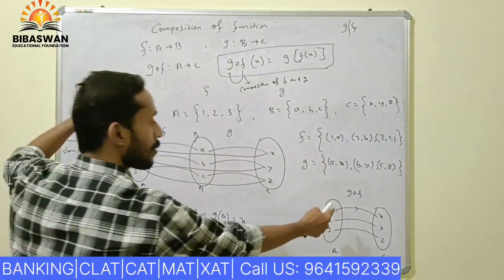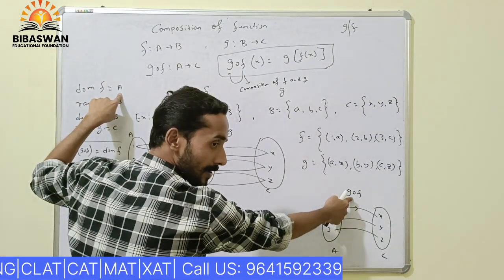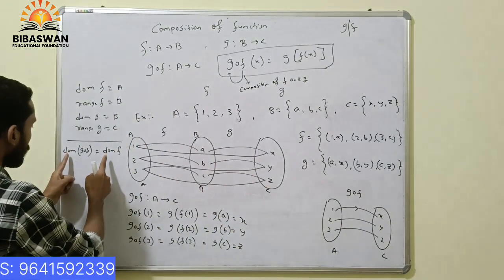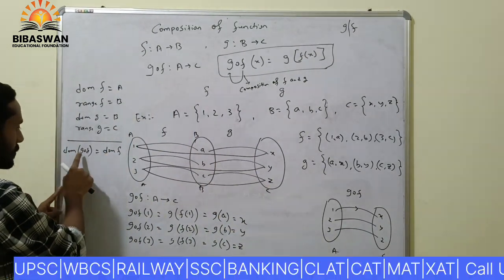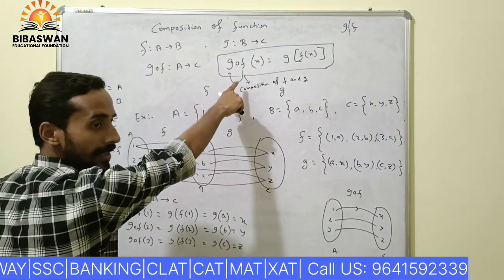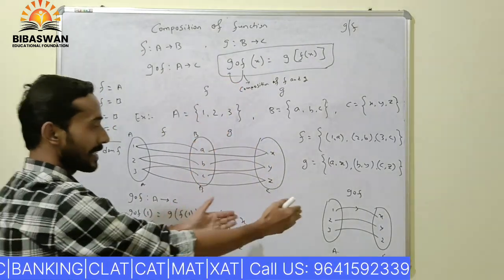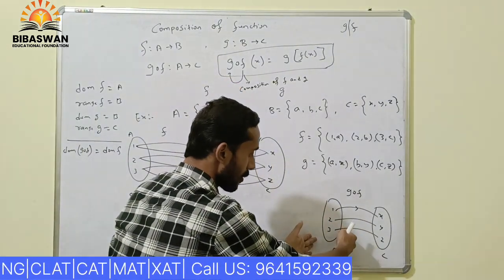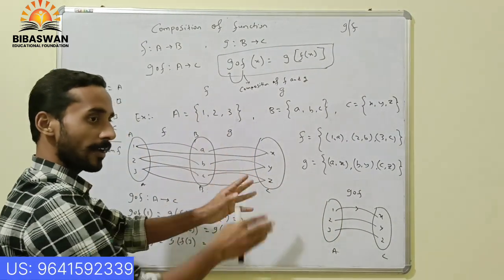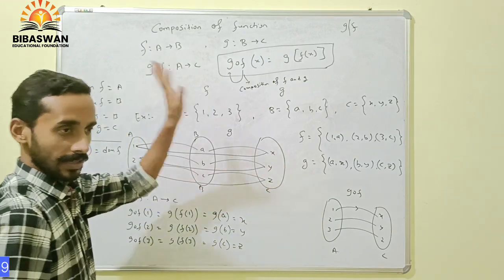A. And domain of the composition of F and G, what domain? A. So if the domain of G of F is equal to the domain of F, then only this formula applies. You see here clearly, domain of G of F is A, domain of F is A. So it is applied only when the domains are equal.